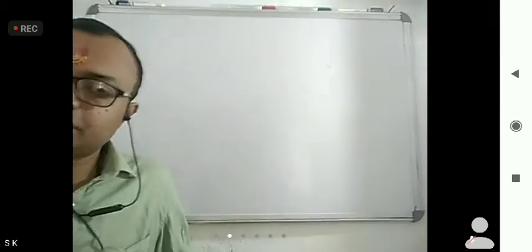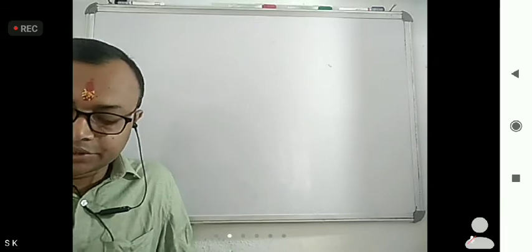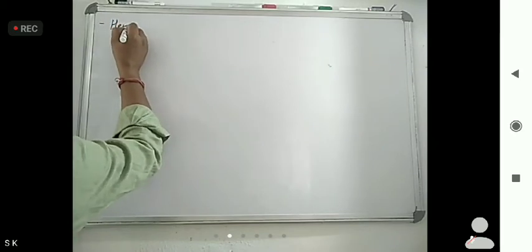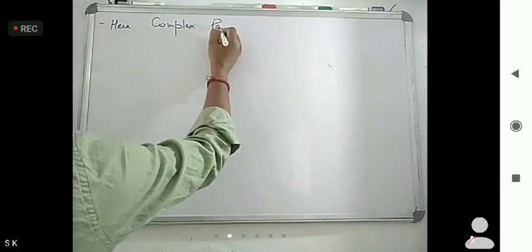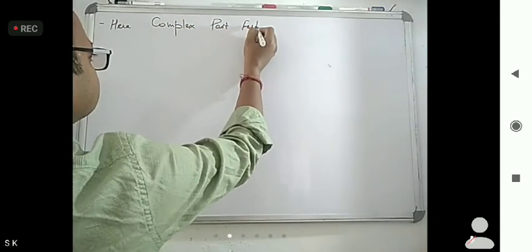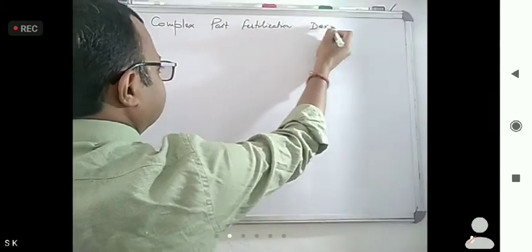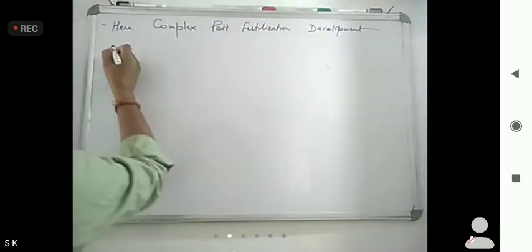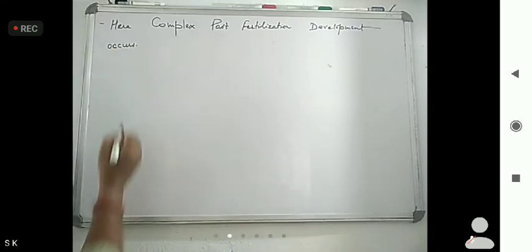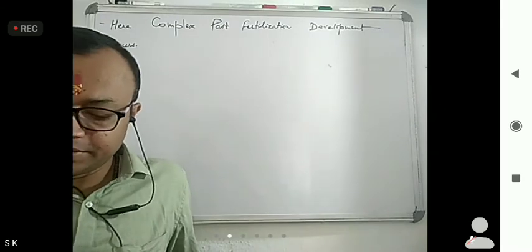What I told, since sexual reproduction is advanced type, so here complex post fertilization development occurs. Okay, here what happens? Complex post fertilization development occurs.